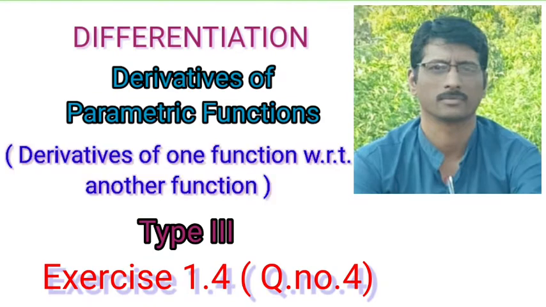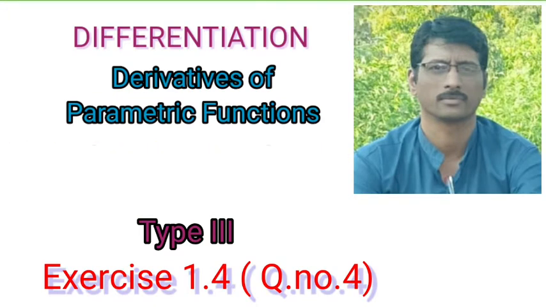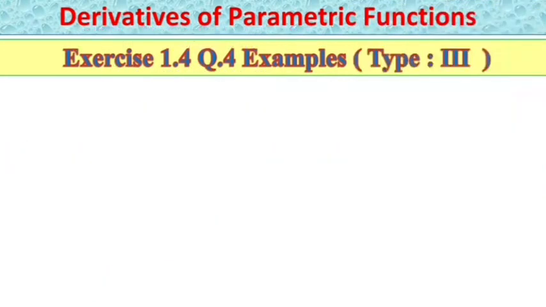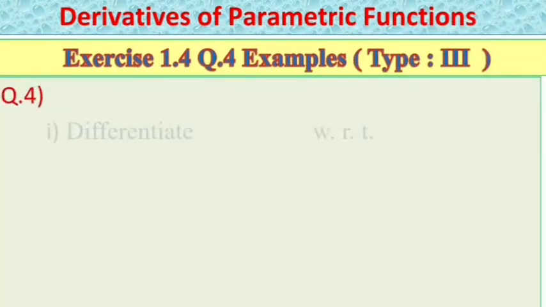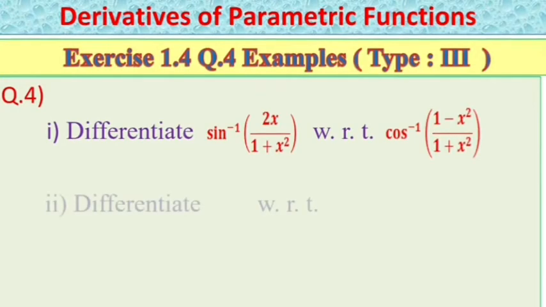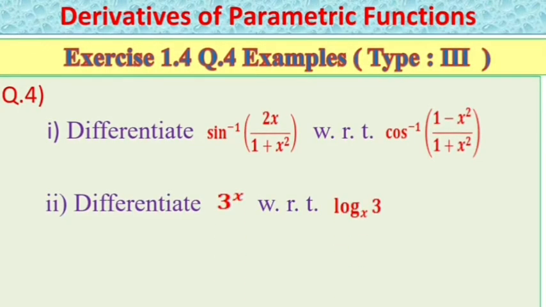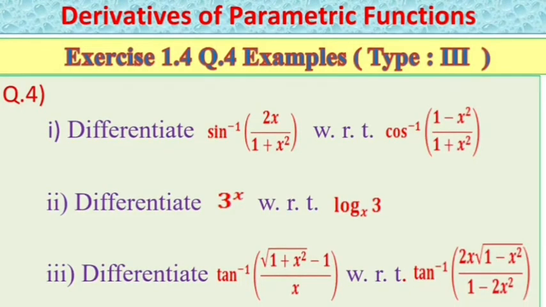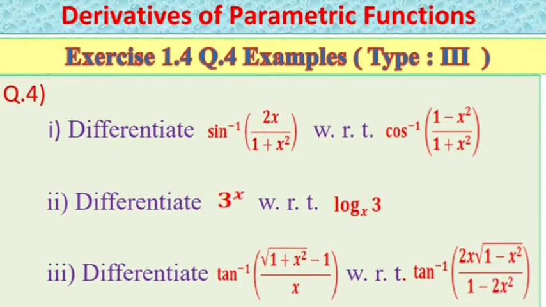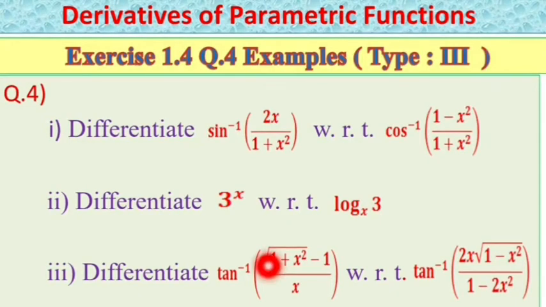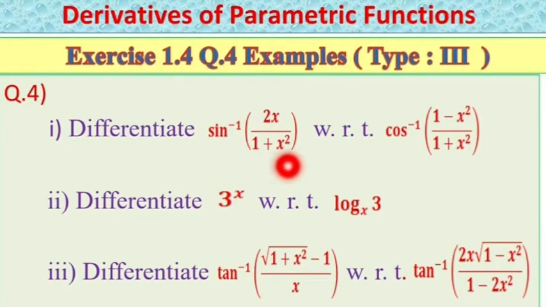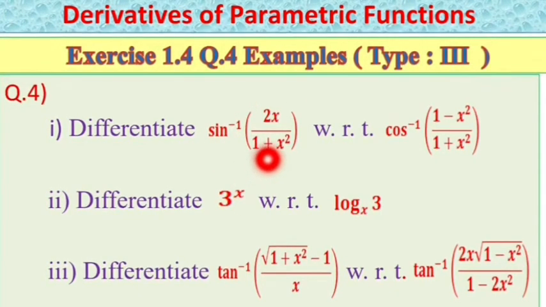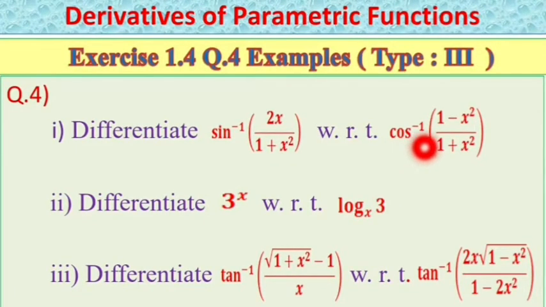Here we discuss exercise 1.4, question number 4, type number 3. Firstly, take the examples. We have taken 3 examples, and with the help of these 3 examples, we will discuss how to find the derivative of the first function with respect to another function. In all these 3 examples, the first function is u, and the second function, cos inverse of f of x, is our v.